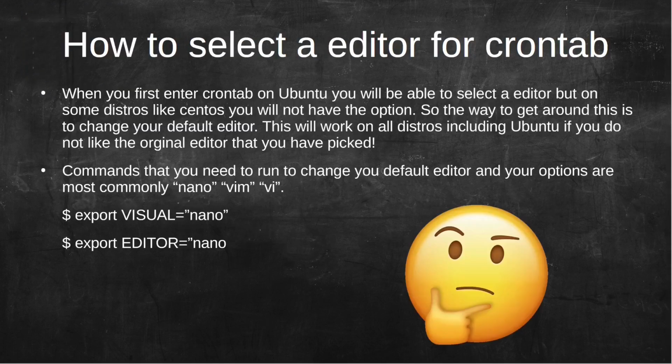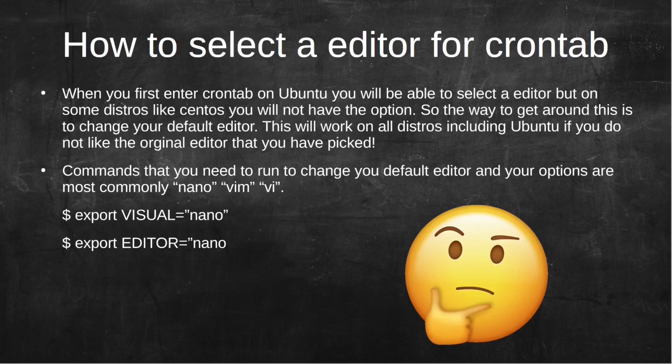Now, to select an editor, once you first enter crontab -e, that's the command to enter and manipulate the text. With Ubuntu and some other distributions, it's going to give you an option to pick what editor you would like to use while editing it. But there are some distros like CentOS that just go off of your default editor. This also applies for Ubuntu.